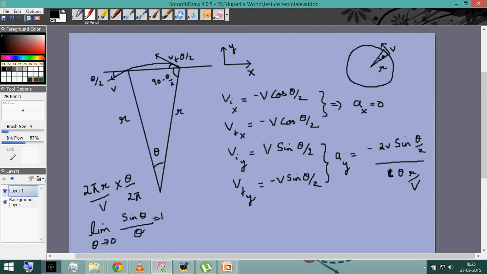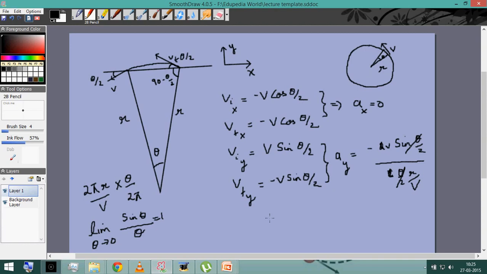Now I'm going to use a little bit of trigonometry. We've seen that when theta is very, very small and measured in radians, that is when theta goes to 0, the limit of sine theta by theta equals 1. And this is sine of theta by 2 by theta by 2.